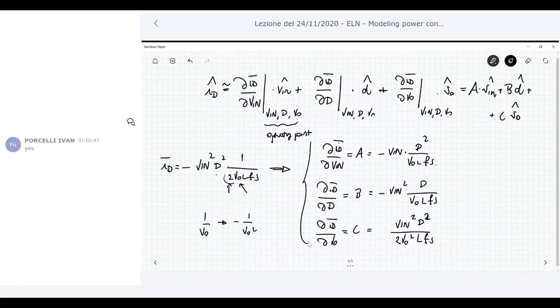So these 3 coefficients, look at what happens here. Now I have a small signal current through the diode, which is the summation of 3 contributions.